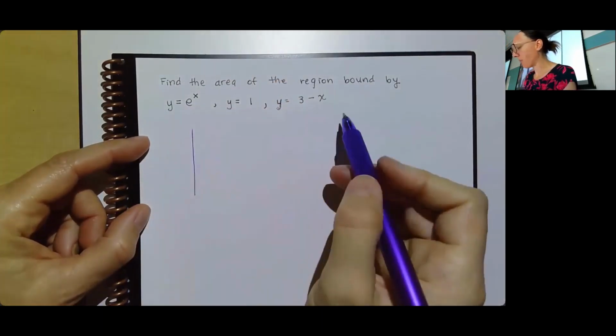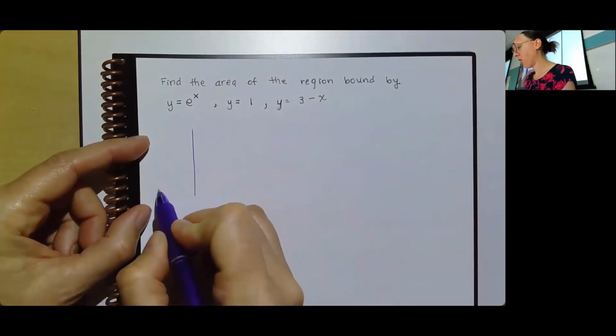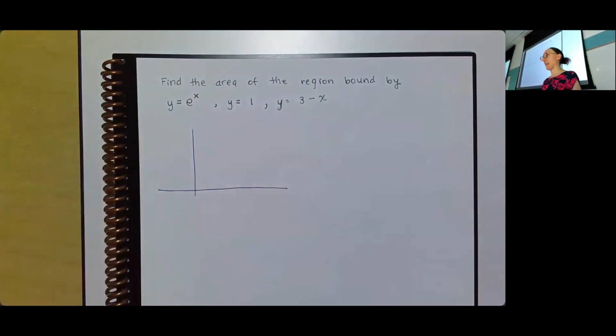All three of these are reasonable to ask you to graph. What I do not think is reasonable is asking you to find the intersection points for a couple of these.